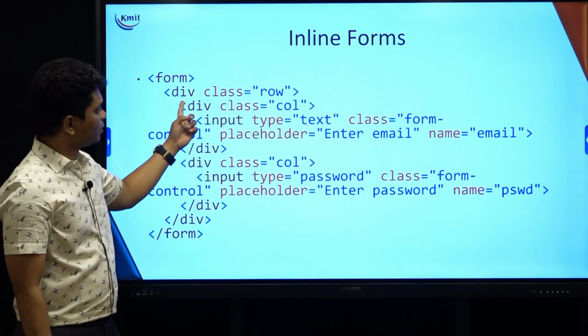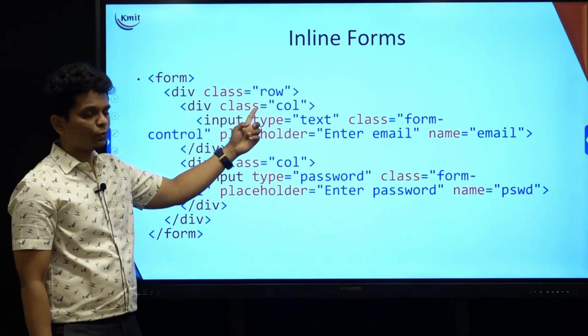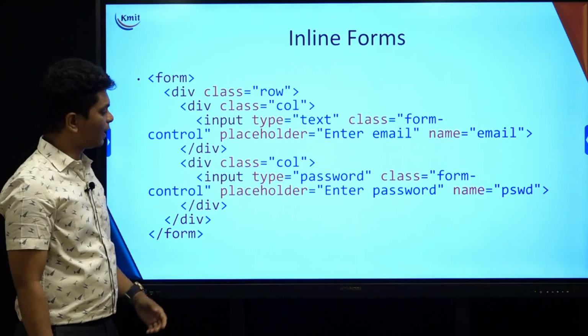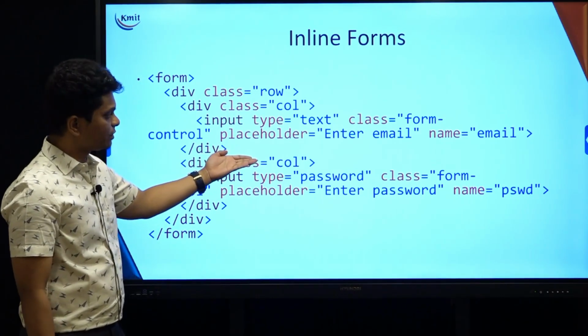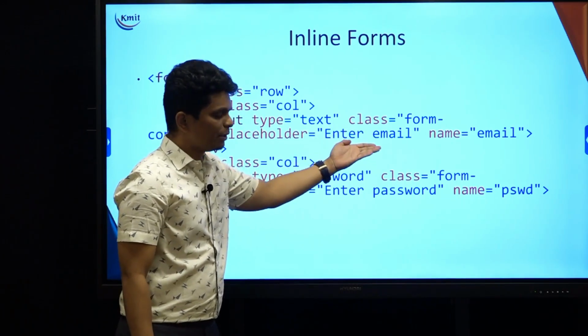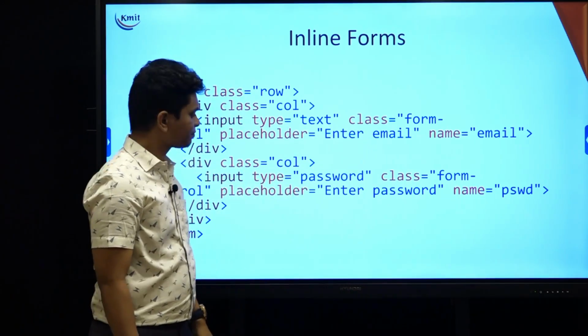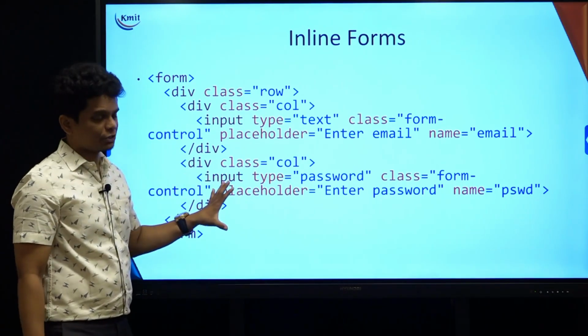So we need to have two divs wherein we use a row and a column, and using the labels we can name the different text areas. So all this we have seen in HTML.